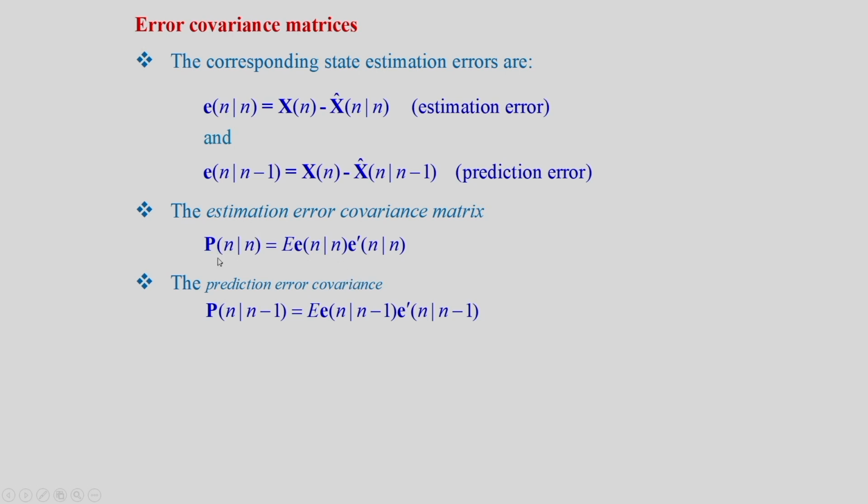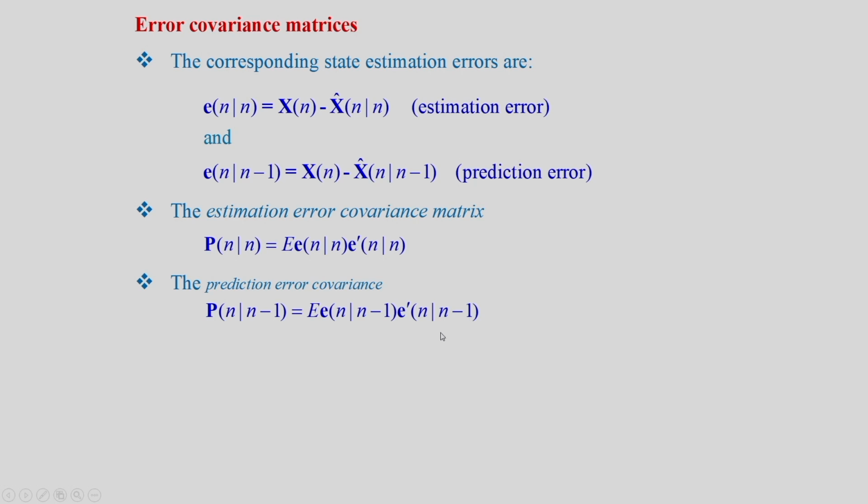Similarly, the prediction error covariance matrix is denoted by P of n given n minus 1. This is the expected value of e n given n minus 1 into e n given n minus 1 transpose, the prediction error vector into its transpose.